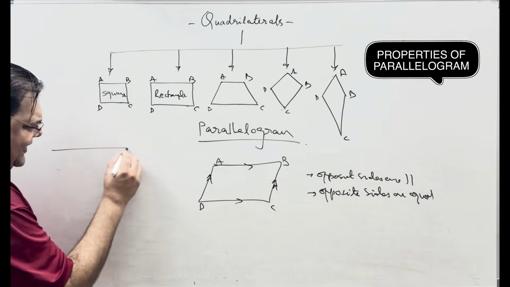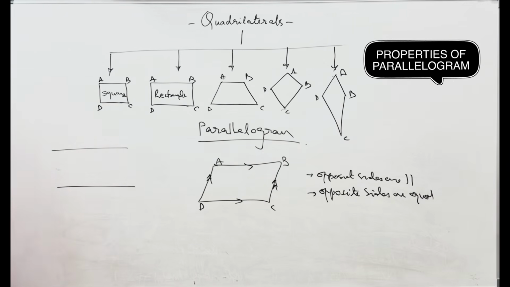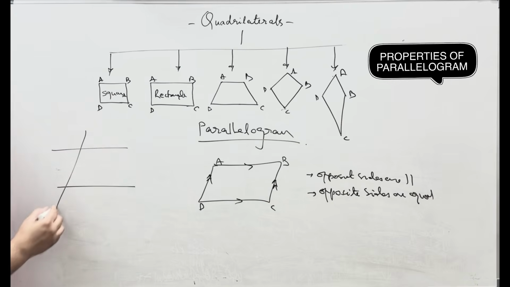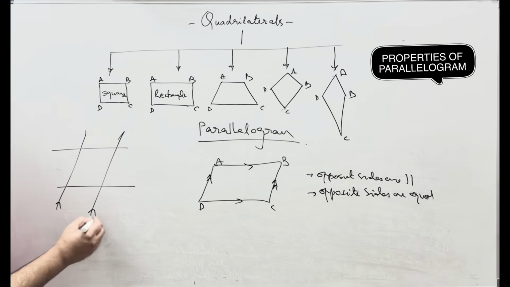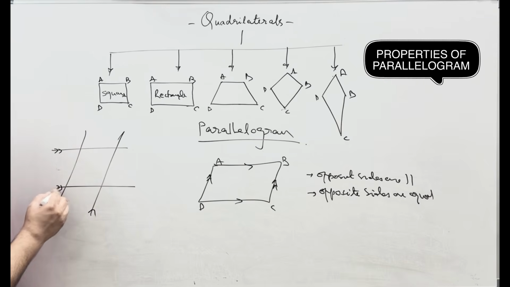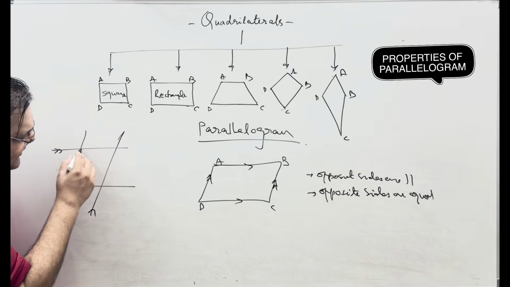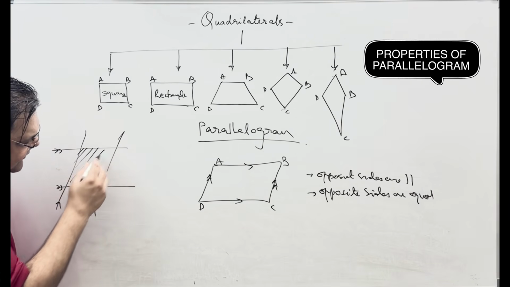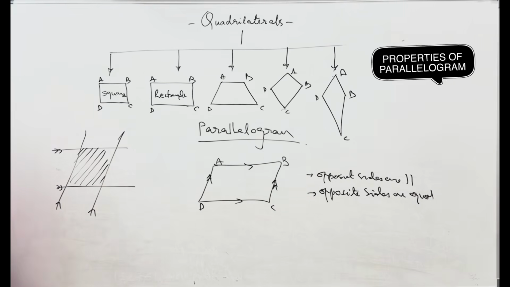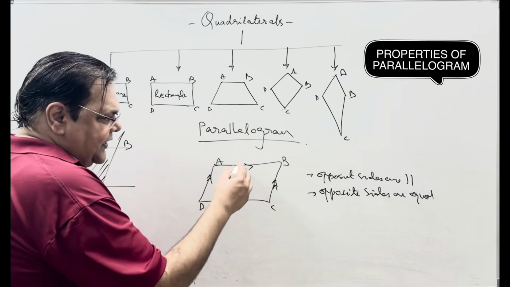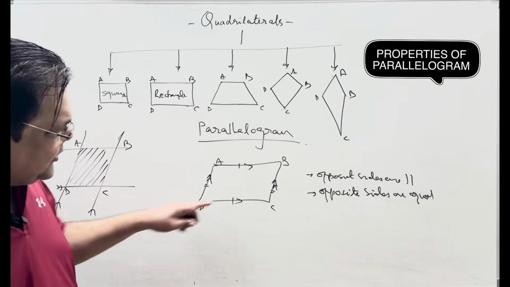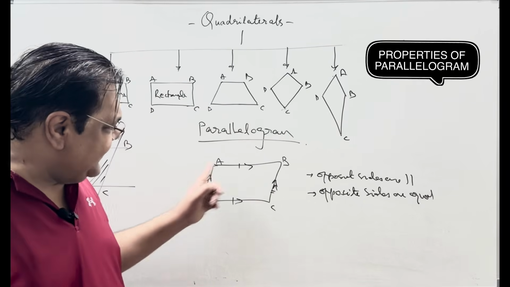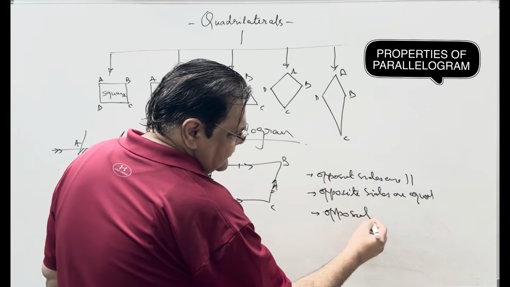You take any two lines, draw a parallel line, and you draw another parallel line like this. So this is parallel to this, and this is parallel to this. This is a parallelogram. Opposite sides are equal. So AD is equal to BC and AB is equal to DC.